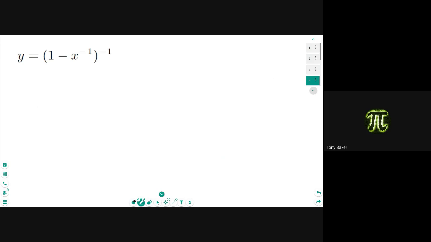The negative. Yeah, this is what you actually can, yeah, because of the negative exponents. Yeah, the negative exponents.